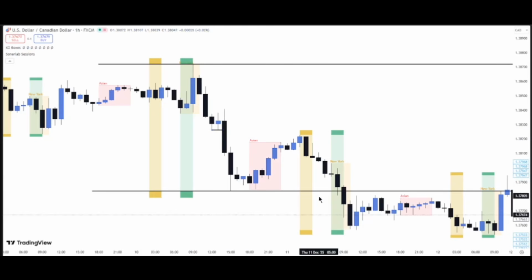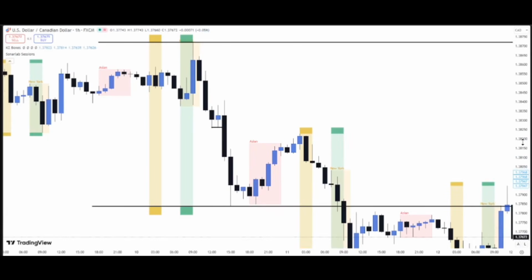Now, after that break of structure, you want to wait for price to rotate back up, and then you want to identify your valid area of interest. I've told you your area of interest can be order block, order flow, fair value gap, breakout block, whatever you use as your entry trigger.